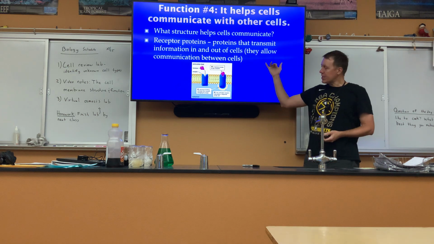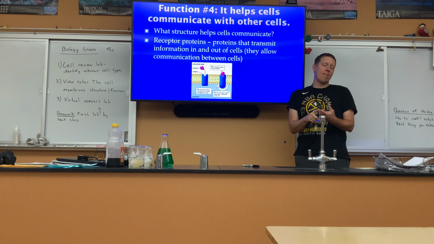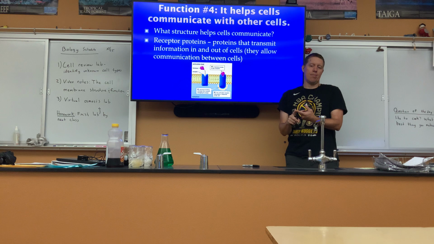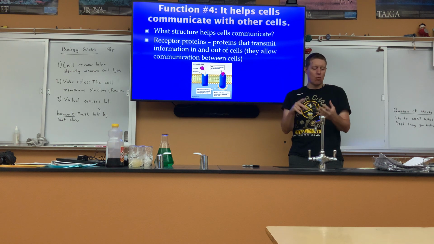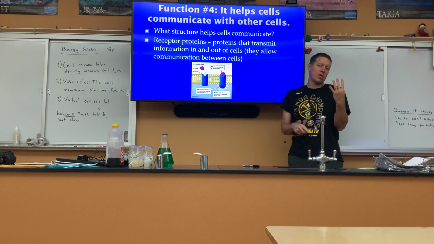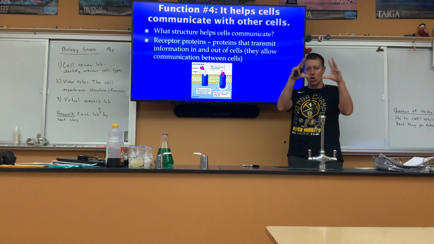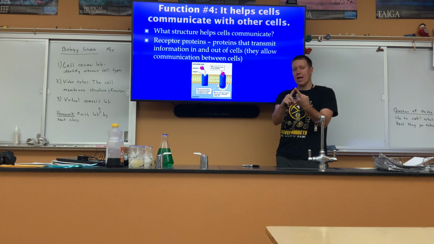So, just to summarize, the cell membrane is one of the organelles that we already learned about, but in some ways it's an especially important part of the cell because it's the cell's way of communicating with the outside world. It has four main functions that we talked about here today. One, it creates the barrier around the cell. That's the lipid bilayer that does that.